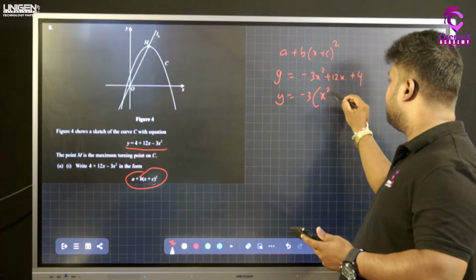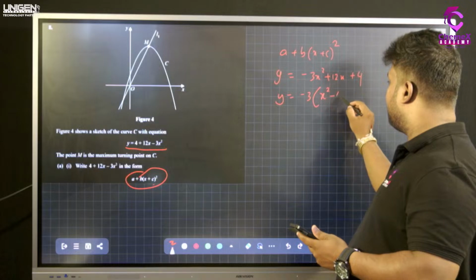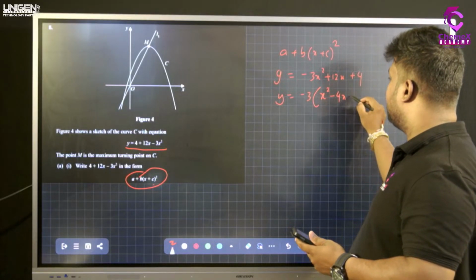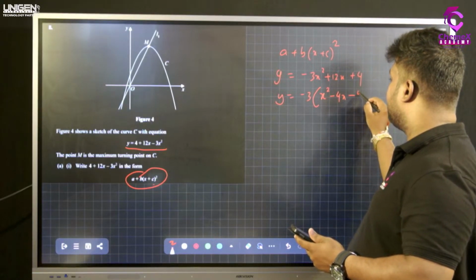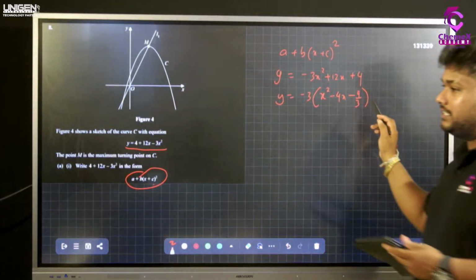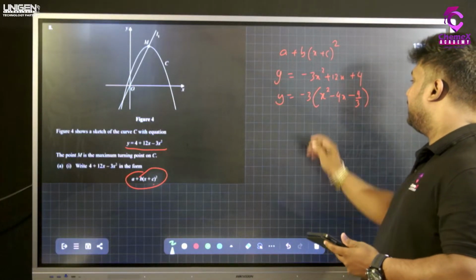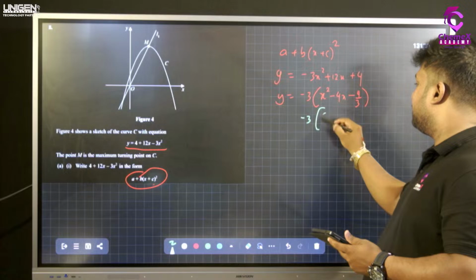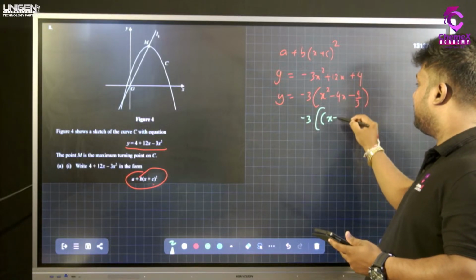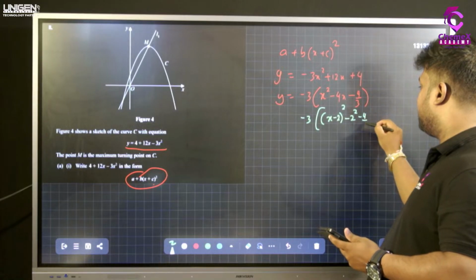X squared plus 3 times 4x, because minus 3 into minus, and this is going to be minus 4 over 3, because when you multiply it becomes plus 4. Okay, now keep that 3 out and do the completing square. X minus half of it, 2 squared, minus 2 squared, minus 4 over 3.